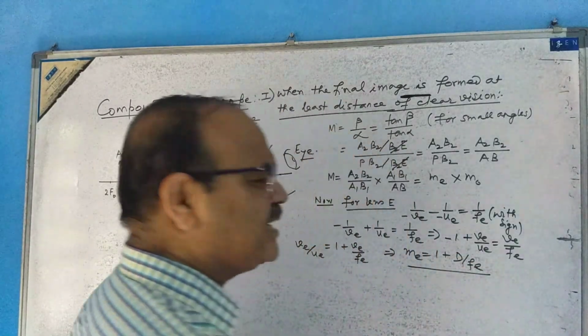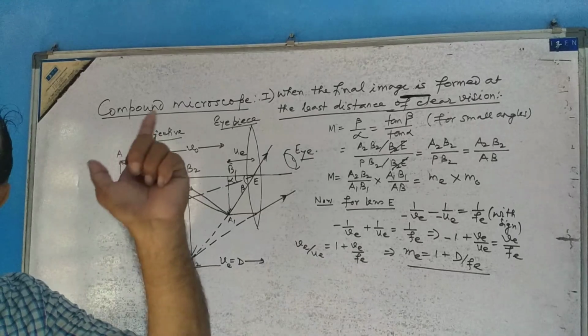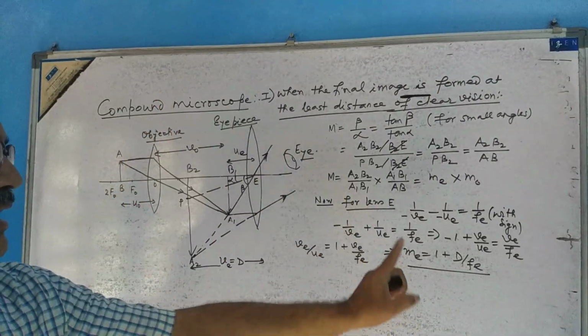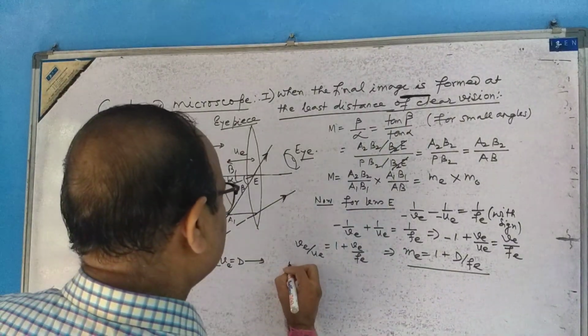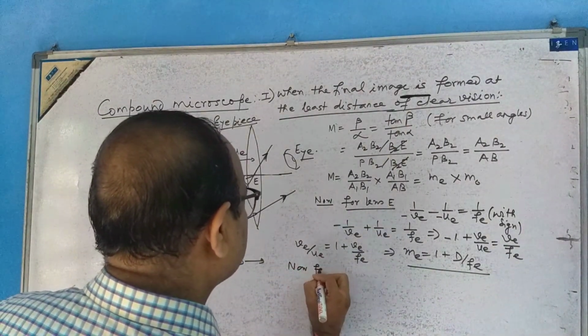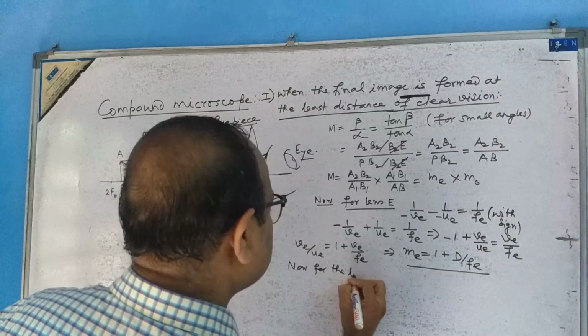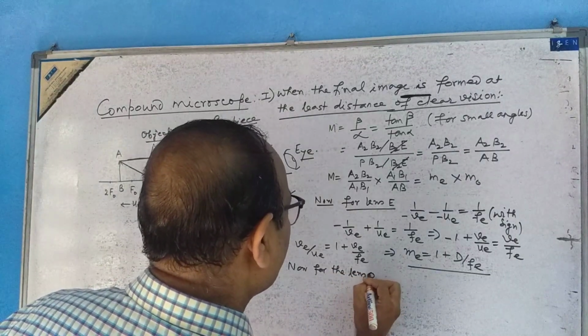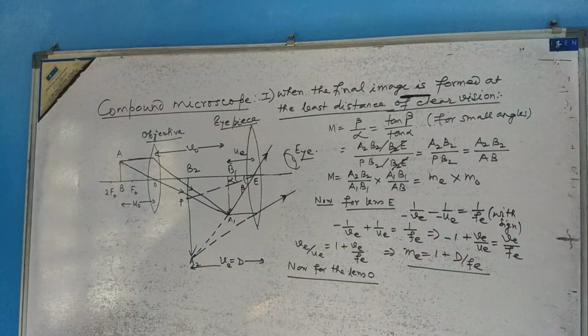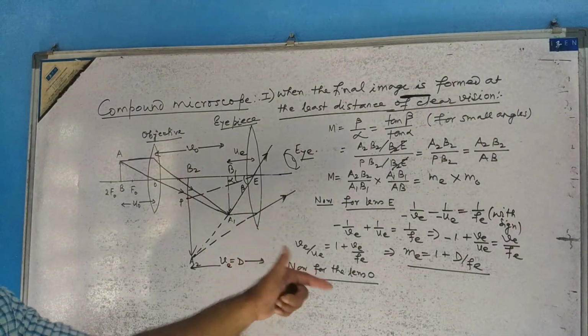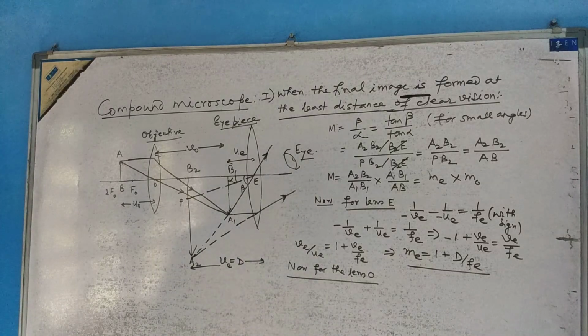It is very much identical with the clear vision case for the simple microscope. The value of ME we got. Now for the lens O, let us see what happens.